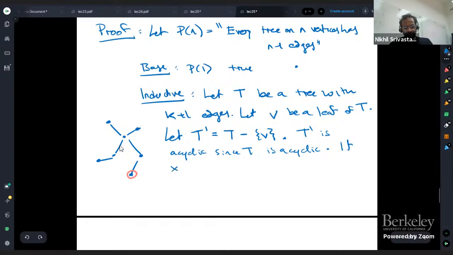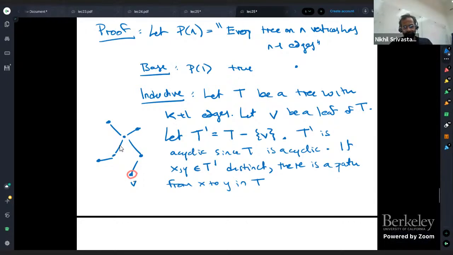So if X, Y is a pair of distinct vertices in T prime, there is a path from X to Y in T, which doesn't use this vertex V. And so therefore this path also lies in T prime.